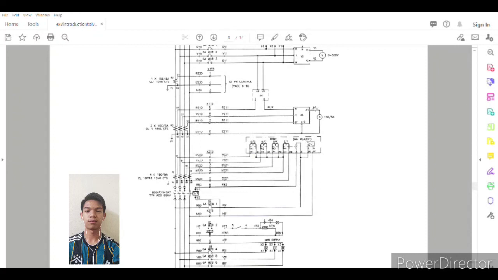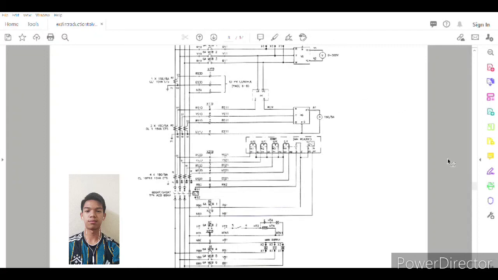This is the AS, which means the ammeter with the selector switch. The switch is to select the red, yellow, and blue value. It is because it is analog, so we must select manually.